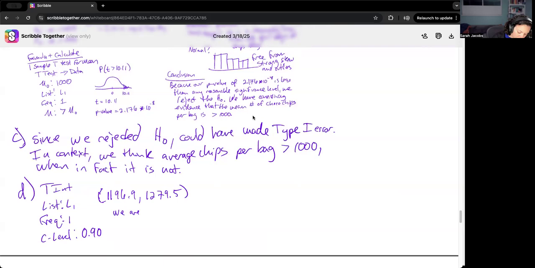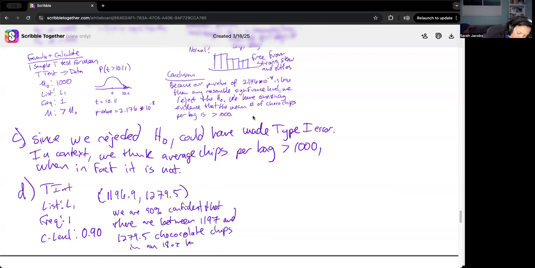So we are 90% confident that there are between 1196.9 and 1279.5 chocolate chips in an 18-ounce bag of Chips Ahoy in 1998.